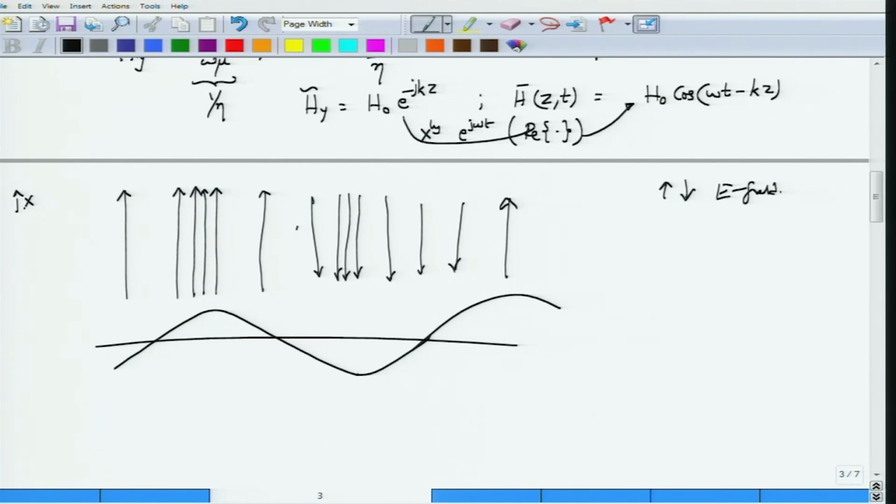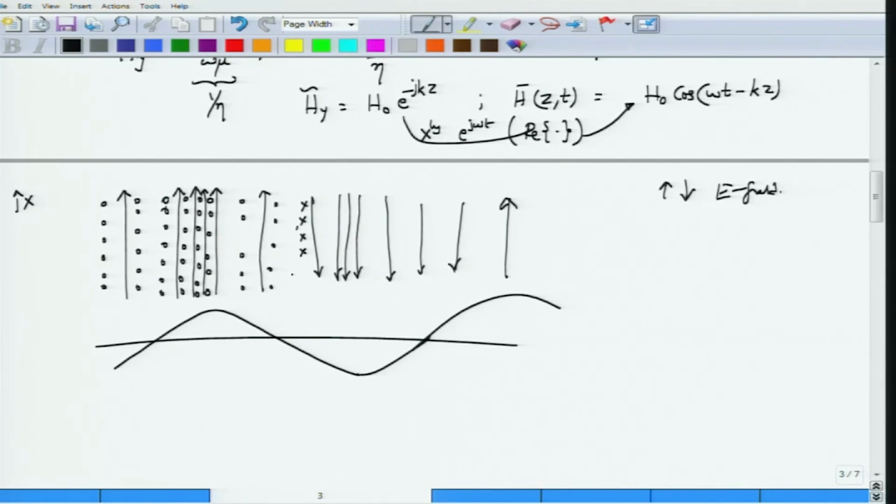What about the magnetic field lines? Well, magnetic field lines have to curl around them, so they come out of the page and go into the page. That is what actually happens over here. So they also start getting crowded at the node points, just as the electric field lines, and then they start to thin out, and eventually become oriented in the opposite direction.